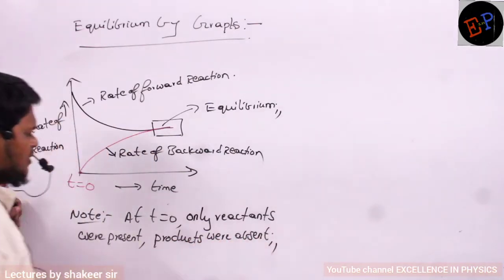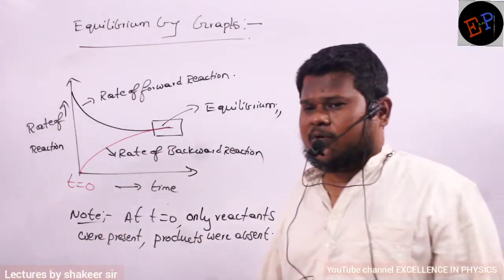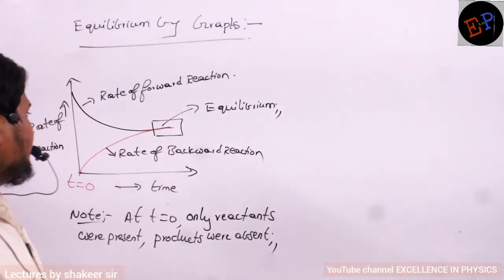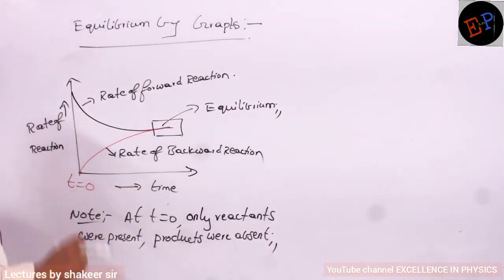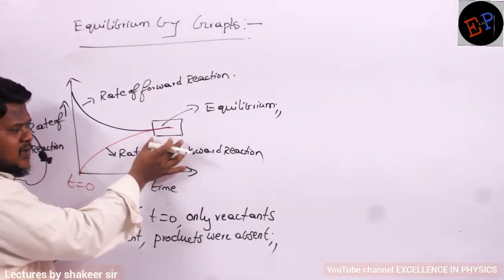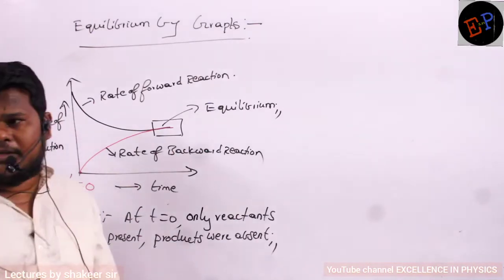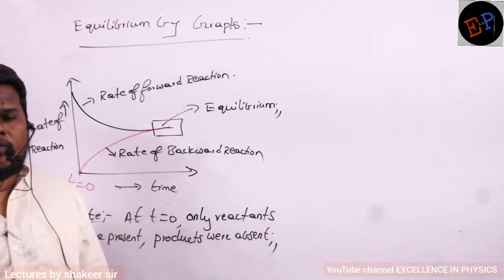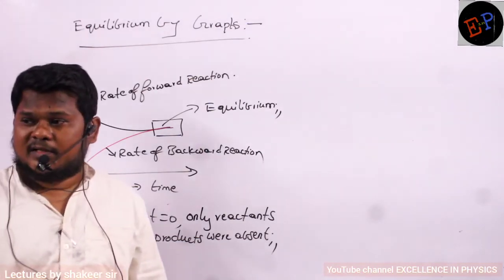At the start of the reaction, only reactants will be there, not any products. So the rate of forward reaction will be very large initially, and the rate of backward reaction will be very small. But as time passes, we will get one situation where the rate of forward reaction and backward reaction will be equal. That situation is called the chemical reaction existing at equilibrium.